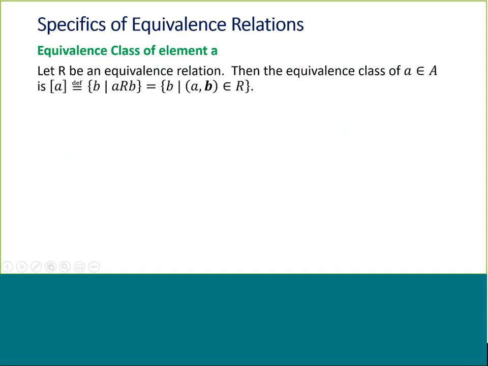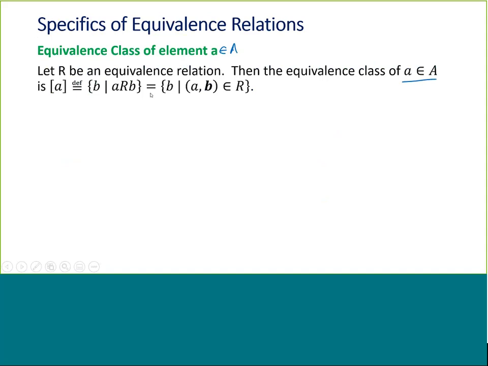So an equivalence class of some element, and this element comes from your building set. Symbolically, it has these square brackets around it, and it's the set of all the elements that A is related to.